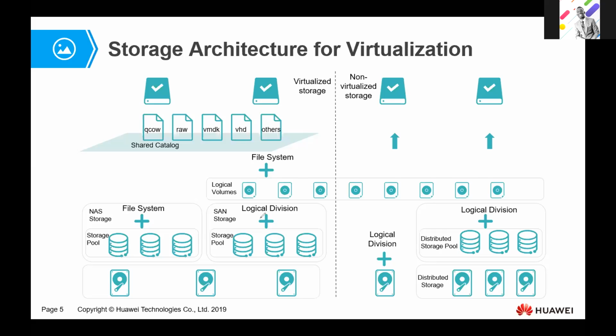So the IP SAN that uses the existing IP architecture is introduced, and the IP SAN is a combination of the standard TCP IP protocol, which you discussed last time.